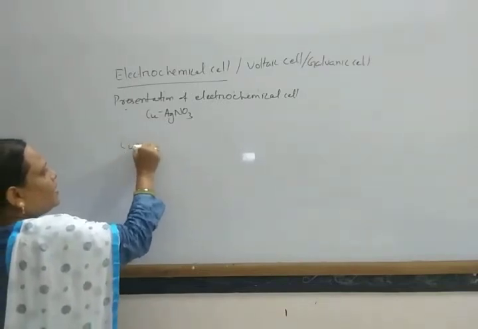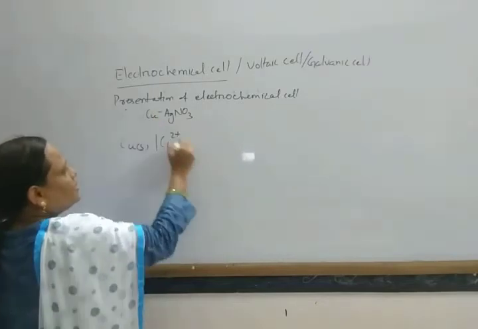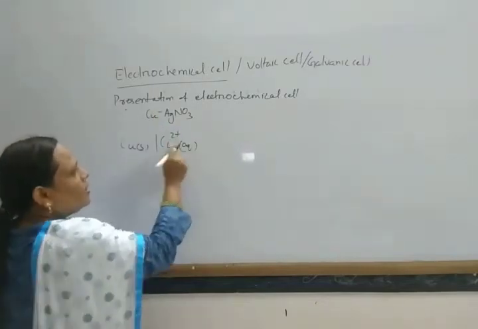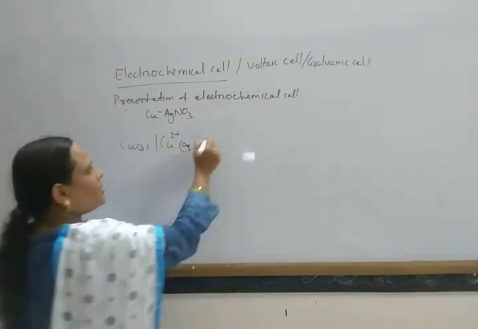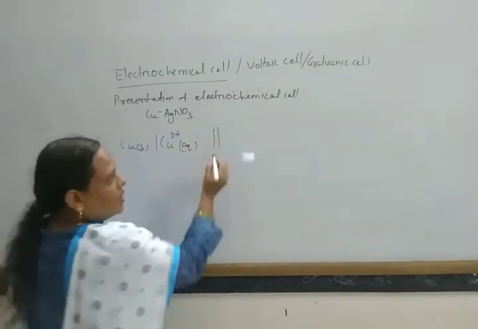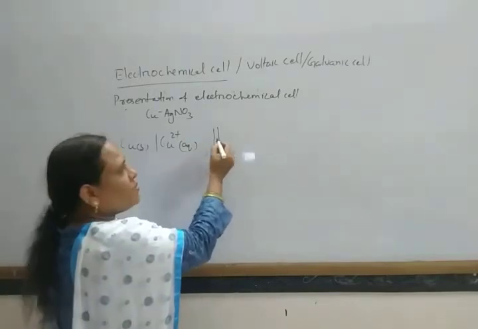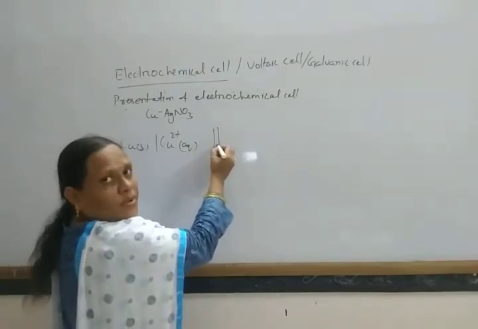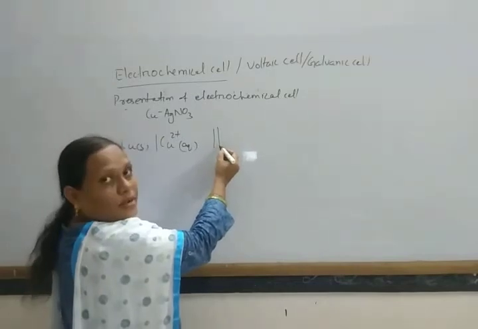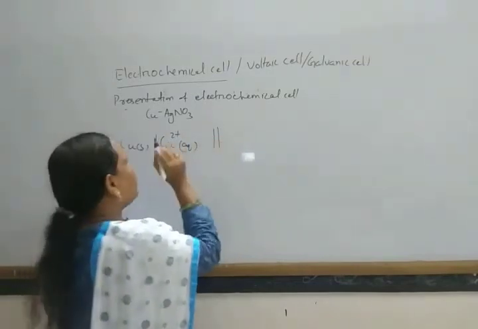Cu solid, then Cu2+ aqueous, or the concentration if given. Then the salt bridge, and the content of the salt bridge is written between these two vertical bars. Suppose it contains potassium chloride, I can write potassium chloride; potassium sulfate, I can write potassium sulfate; potassium nitrate, I can write potassium nitrate.